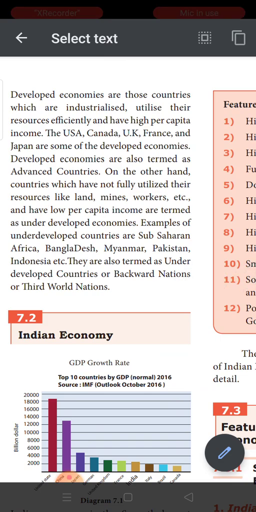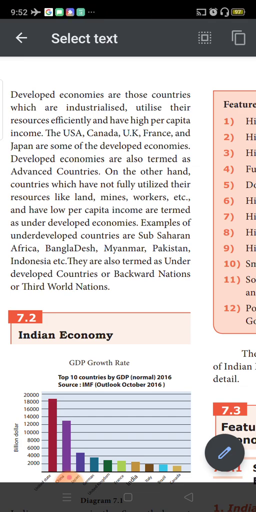The countries which are very much industrially developed, which use all their resources very efficiently. The resources are not wasted. It could be natural resources, capital resources, or human resources. All these resources are utilized in a very efficient manner. Efficient manner means they are put to the best use, not exploited, while at the same time conserving the environment also.